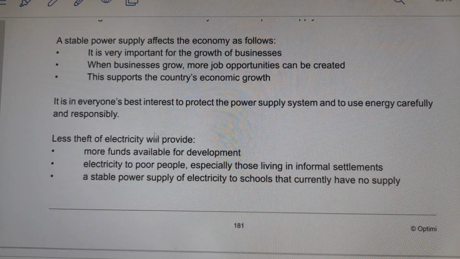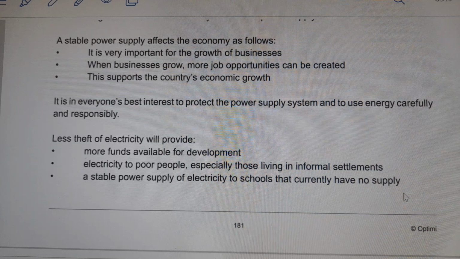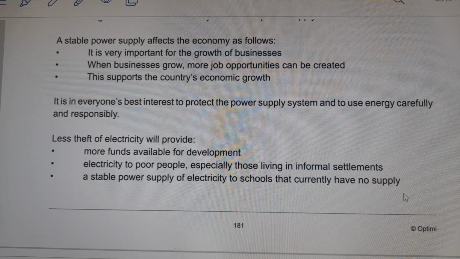And less theft of electricity means more funds will be available for development, electricity to poor people, especially those living in informal settlements, and will also provide a stable power supply of electricity to schools that currently have no supply.